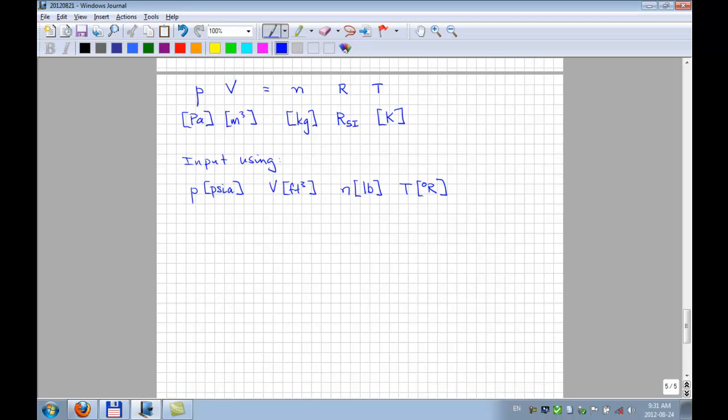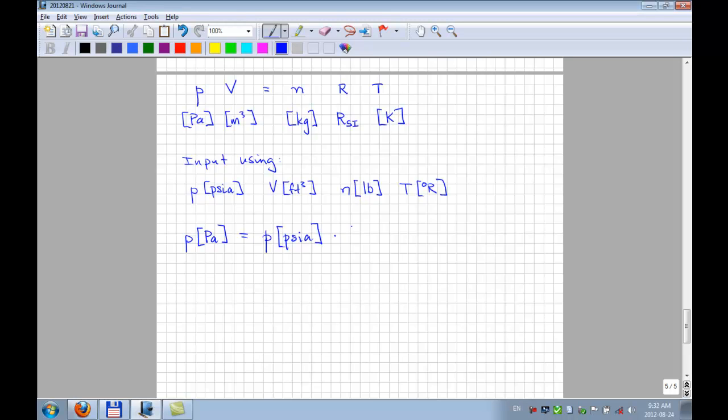Now, we know the equation with the correct constant, 8314, if all of the quantities are in SI units. So we're going to figure out how to get the SI unit if we input the value in a different unit, which in this case is PSIA for pressure.